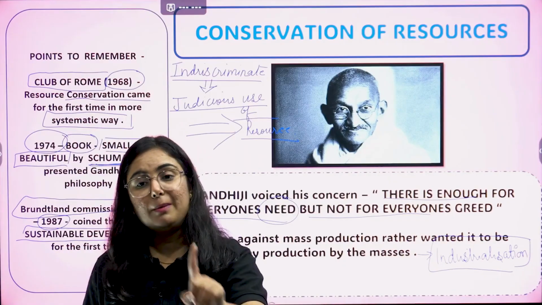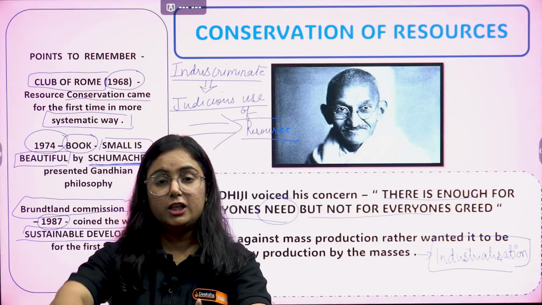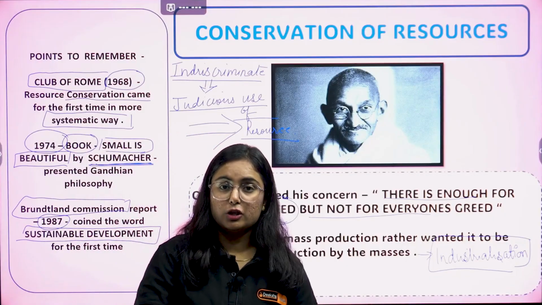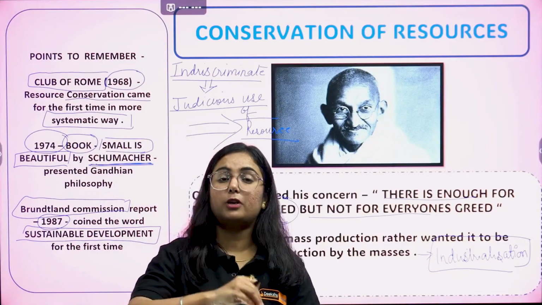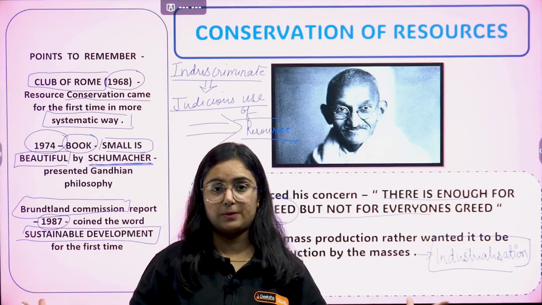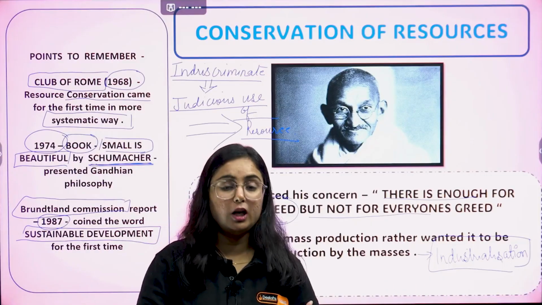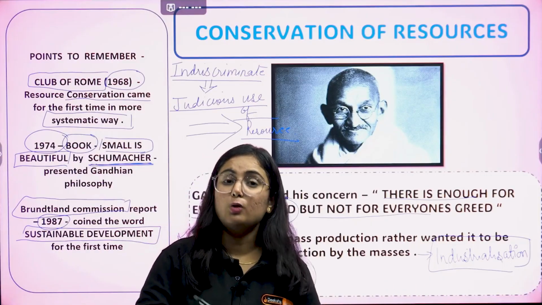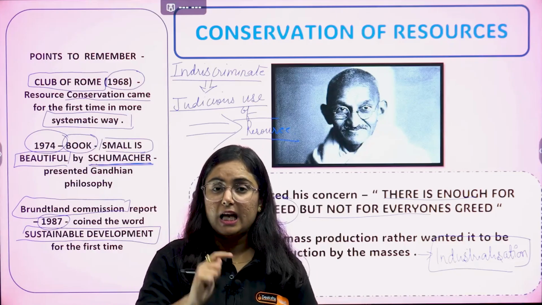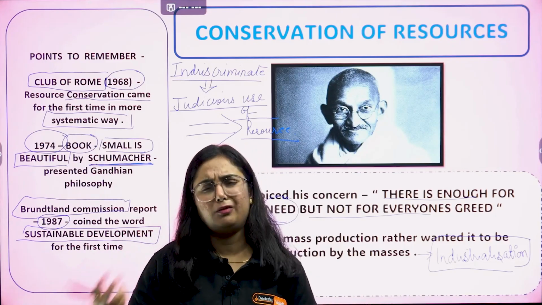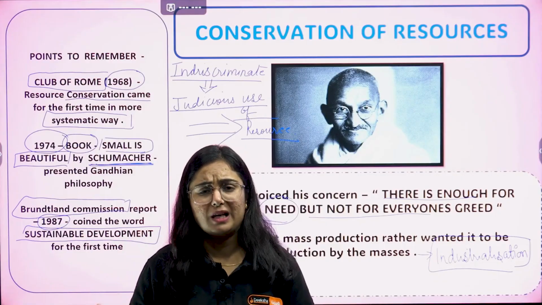rather there should be production by the masses, because in industrialization one machine is producing so many goods. Now, that single machine is very efficient, doing very good work, but it is reducing the labor. Whenever labor is reduced, they will fight, definitely, and there will be an economic crisis.